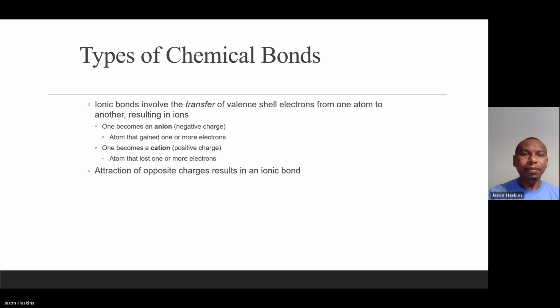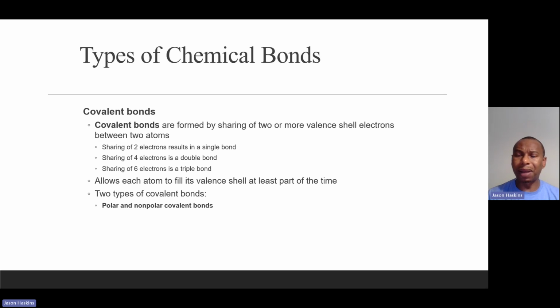Right? The second type of bond that we're going to talk about is a covalent bond. Unlike ionic bonds, covalent bonds have to do with sharing electrons. These electrons can be shared equally between the elements, or unequally, meaning that one of the elements is going to have a charge that's going to attract the electrons from the other one.